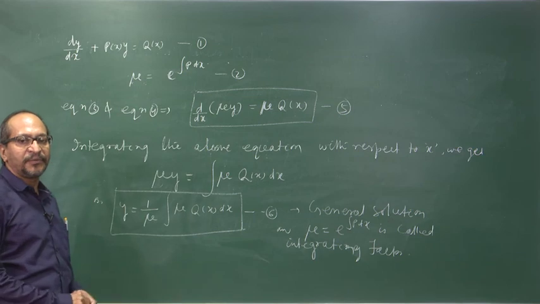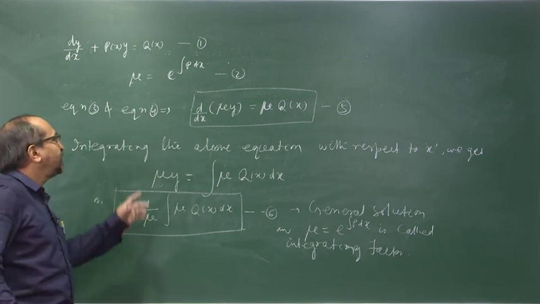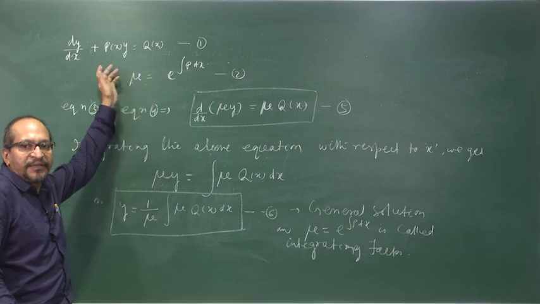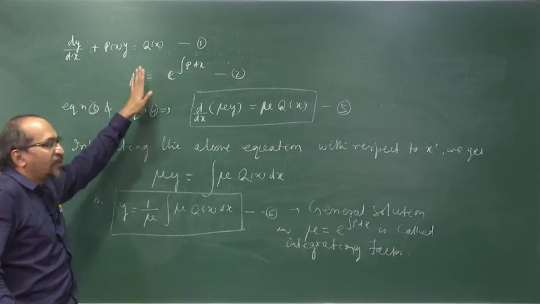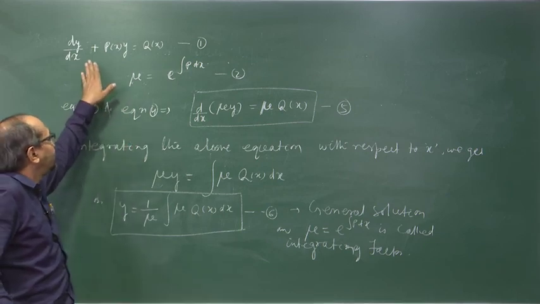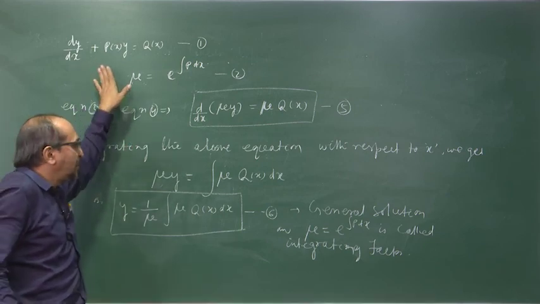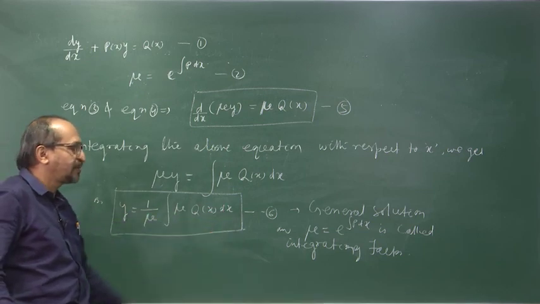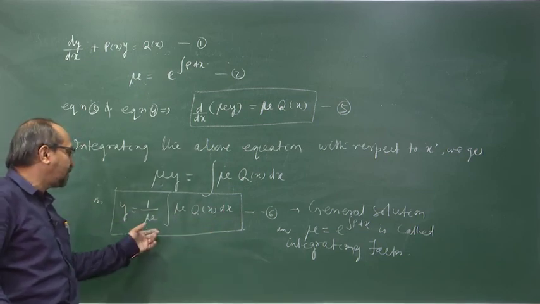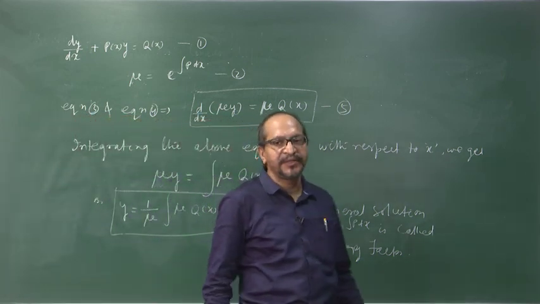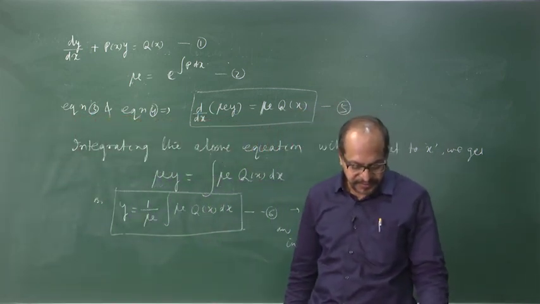So this is the way we can solve any first order linear differential equation in the form of equation 1. It has a general solution y equal to 1/μ times the integral of μq(x) dx, where μ is equal to e to the power of the integral of p dx, called the integrating factor.